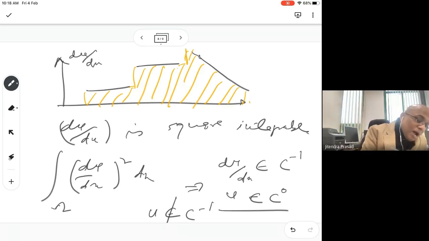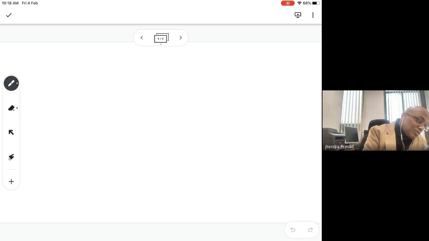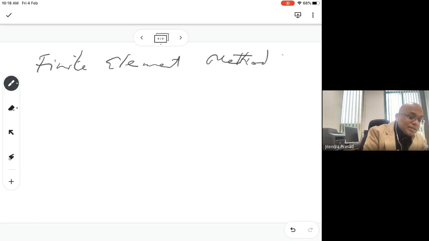Now, given this background, we now delve into the finite element method. So you already had the Galerkin method, you had the Ritz method. Now this finite element method is just an extension, a further refinement of those methods. You will still use the variational form or minimum potential energy form or the weak form.